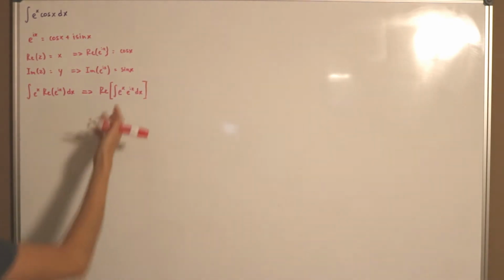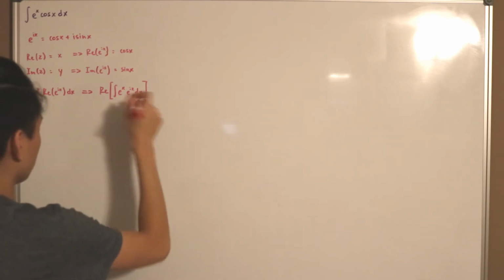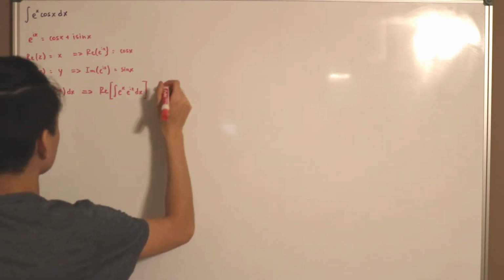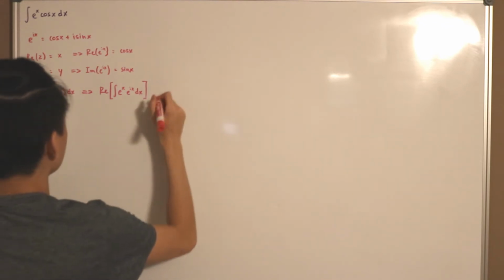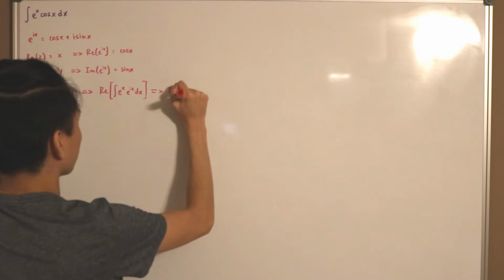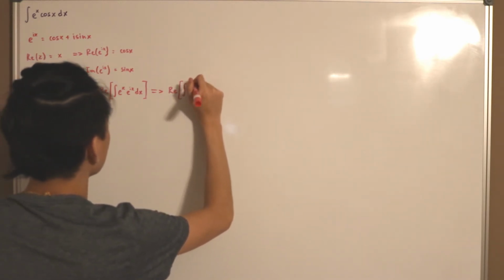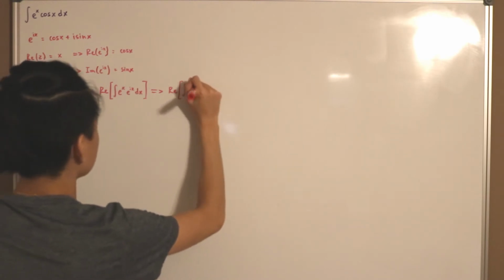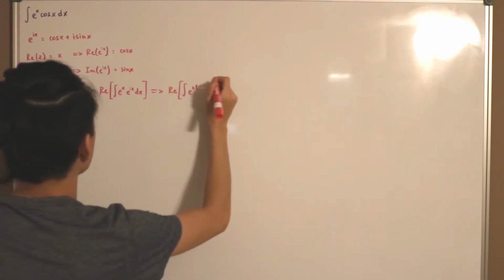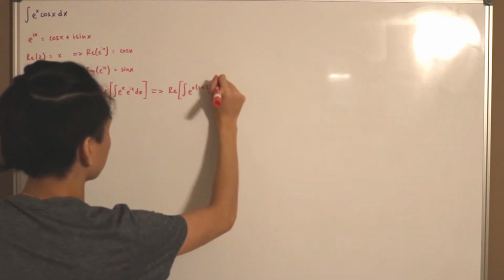They share the same base e, so we can use our rules of exponents to combine it into one base. This can be rewritten as the real part of the integral of e to the, and I can factor out x, so this is x multiplied by (1 plus i), dx.